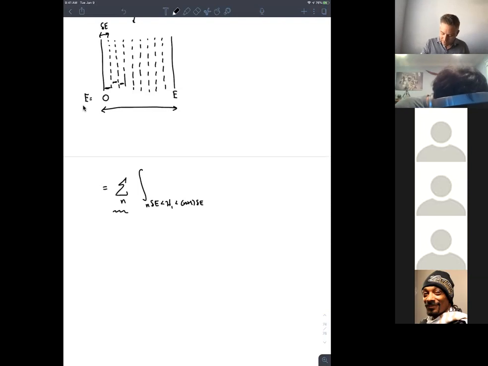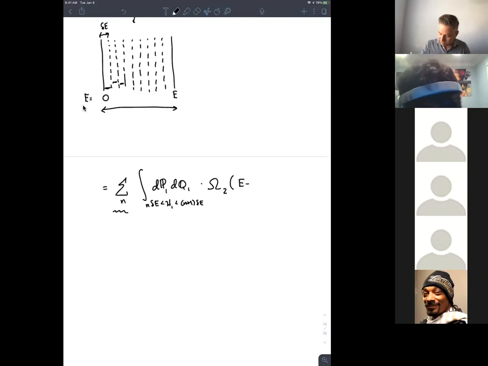So this is dP1 dQ1 times omega 2 of E minus whatever my H1 is, and that is a function of what P1 and Q1 are.